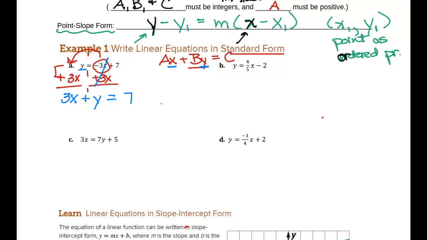So my a value is 3, my b value is still 1, and my c value is 7. This is standard form. Now that wasn't too bad.